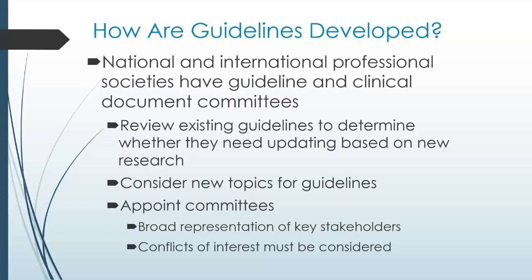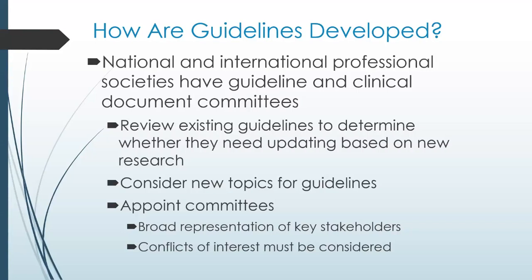So the national and international professional societies have guideline and clinical document committees. Examples of such associations in my field of cardiology are the American Heart Association, the American College of Cardiology, and the Heart Rhythm Society. We all have guideline and clinical document committees, and what they do is review existing guidelines to determine whether they need updating based on new research.